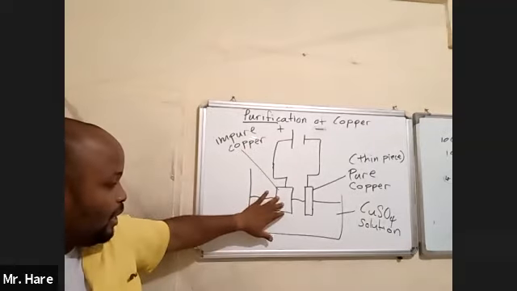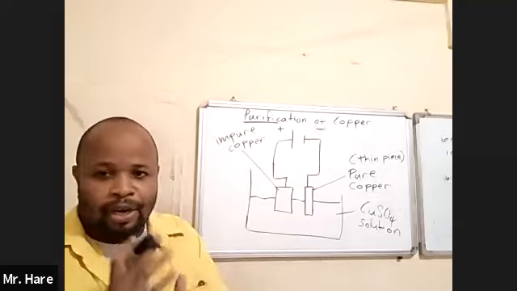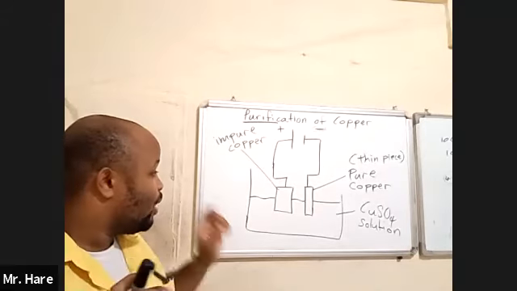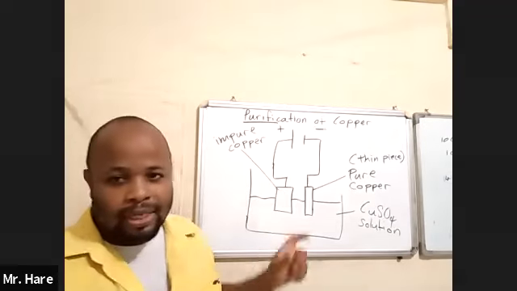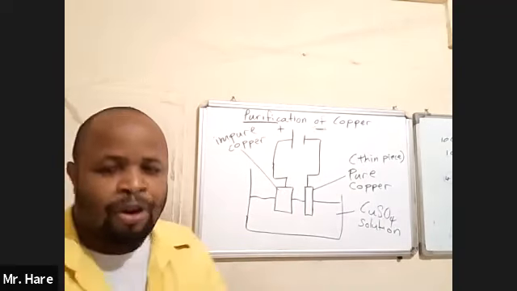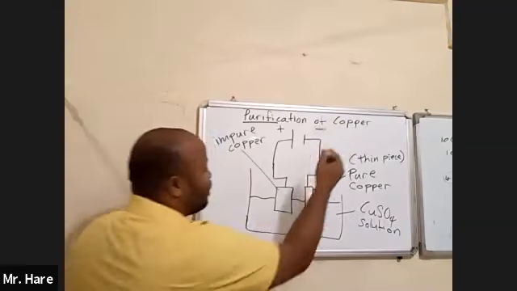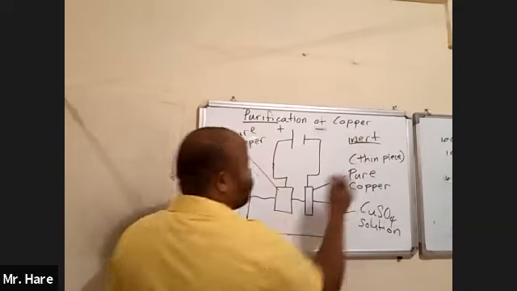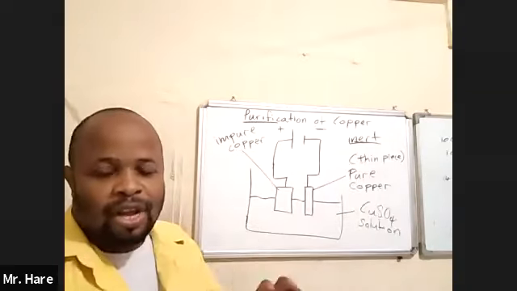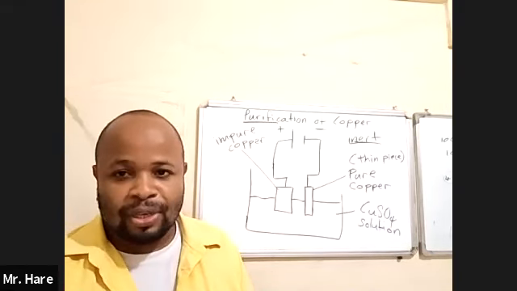So when you set it up, what is going to happen? Just like any electrolysis, and I'm going to point it out here. This is an active electrode. Remember I said graphite was an inert electrode because it did not take part in the reaction.